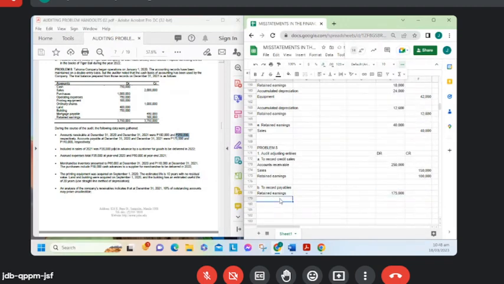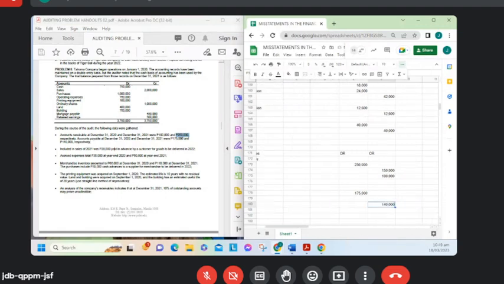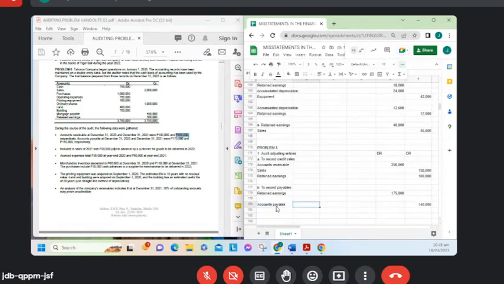And for the current year, the accounts payable is amounting to 140,000. So we have to record as well the balance of accounts payable amounting to 140,000 pesos. So 175,000 and 140,000, we have a difference of how much? 35,000 pesos. So what are we going to do with the 35,000 pesos?